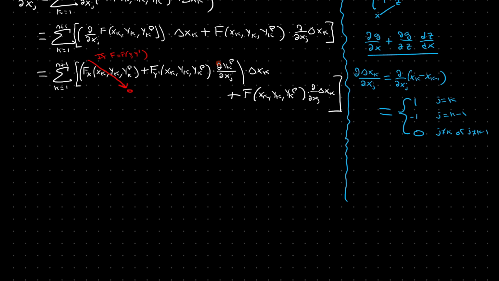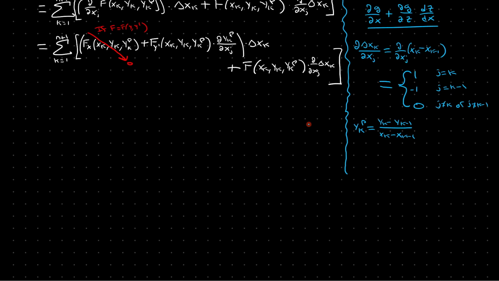The derivative with respect to xj of ykp is a little bit more complicated, but not much more, because remember we're using the backwards difference method for ykp. This is yk minus yk minus 1 over xk minus xk minus 1. When we take the derivative of it, we have to use the chain rule.